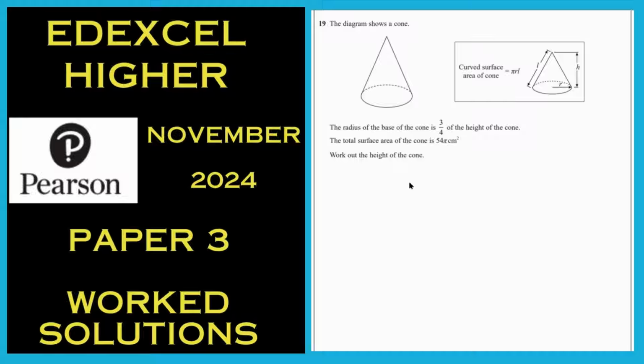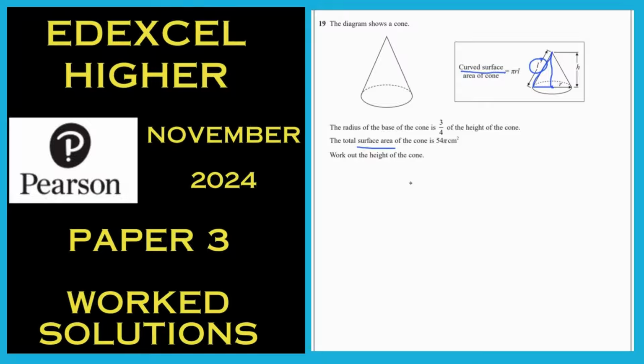Now, when you look into your cones, you'll know that the perpendicular height of the cone and the slant of the cone do indeed give us Pythagoras. We can therefore relate them, because if we're going to work out surface area, we're going to need to work with the slant length, not the height or the radius.